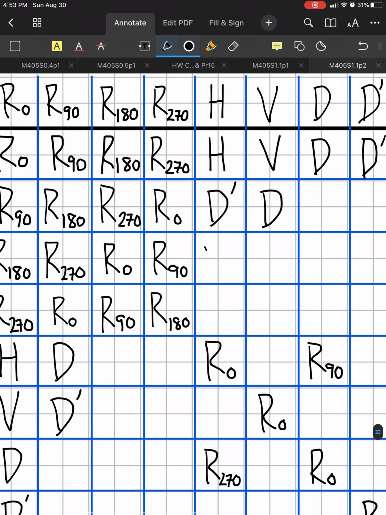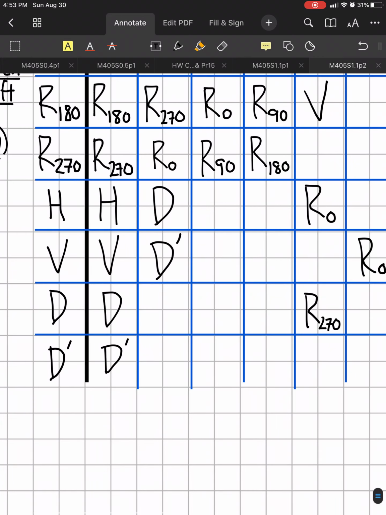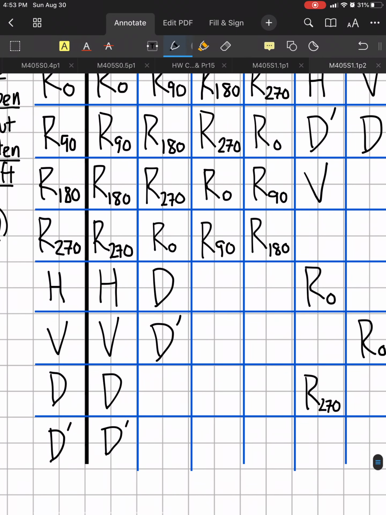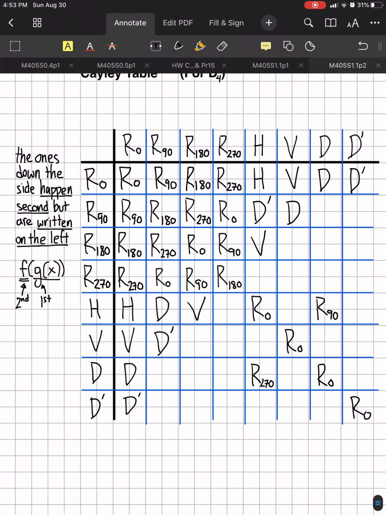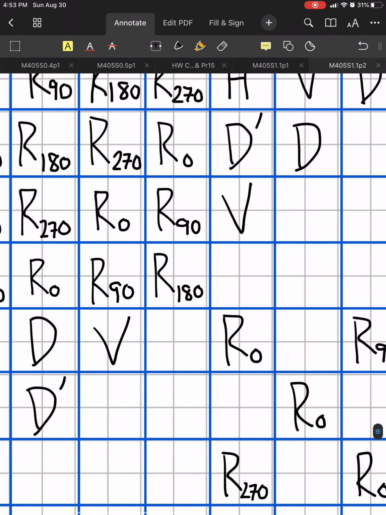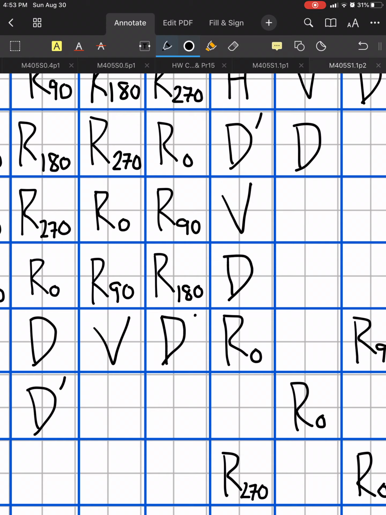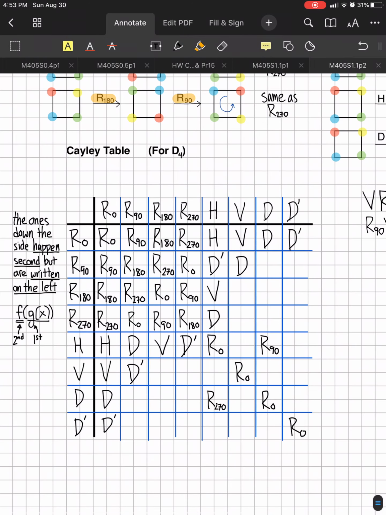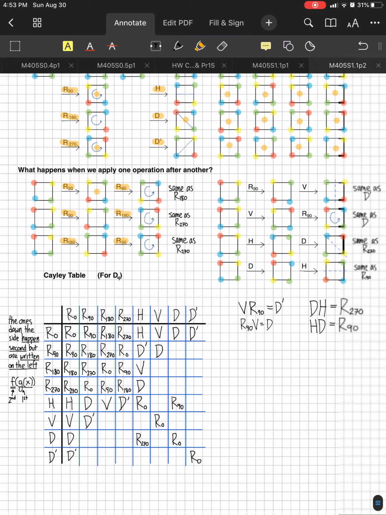Yeah, so V goes right there, and right there. Well, that actually finishes up this because we know we only have flips here and we know they never repeat, so I have to have a D here. I have to have a D prime there. I'm sorry. Make it look a little bit better. There we go. Okay. So those finish up.